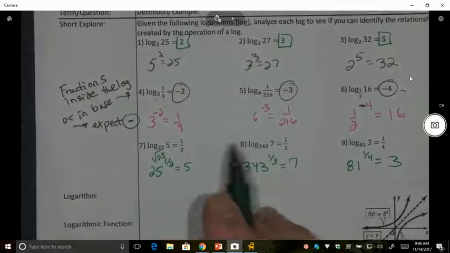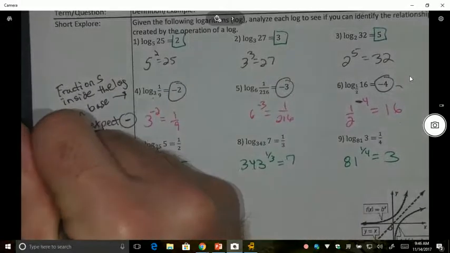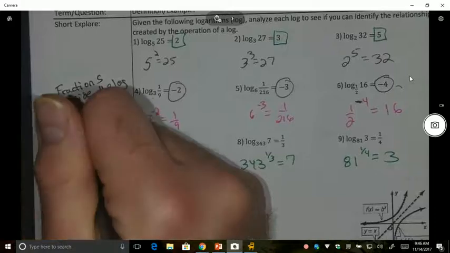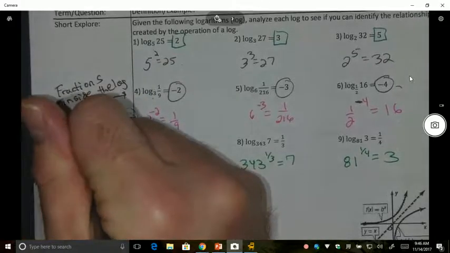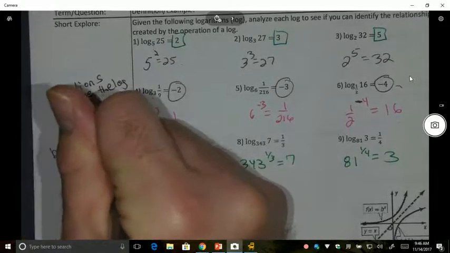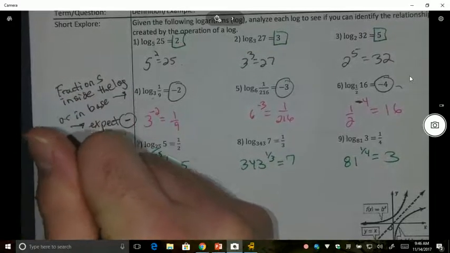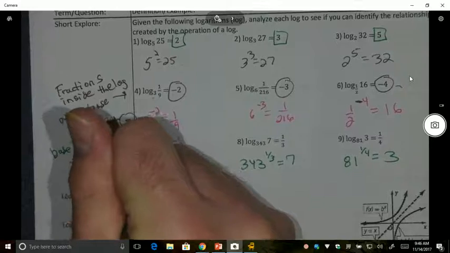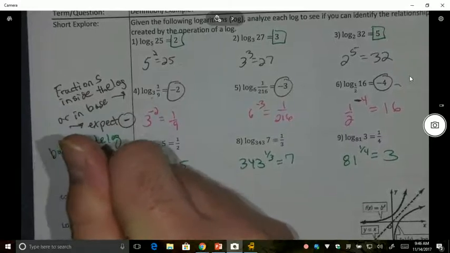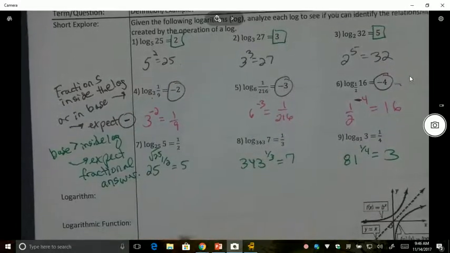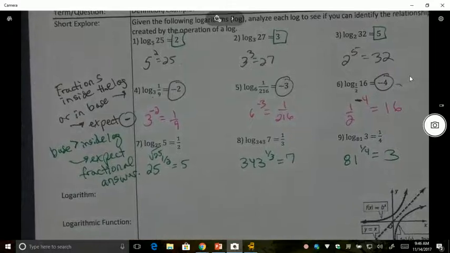Okay? So if the base is bigger than what's inside the logarithm, then we're expecting a fractional answer to the log, giving us the rational or fractional exponent.